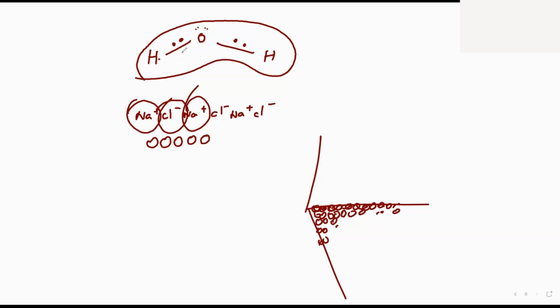If particles are to arrange themselves, according to particle theory, when you decrease the temperature, particles lose their energy and start coming together closer and closer and arrange themselves. That's what happens when you freeze water into an ice cube.